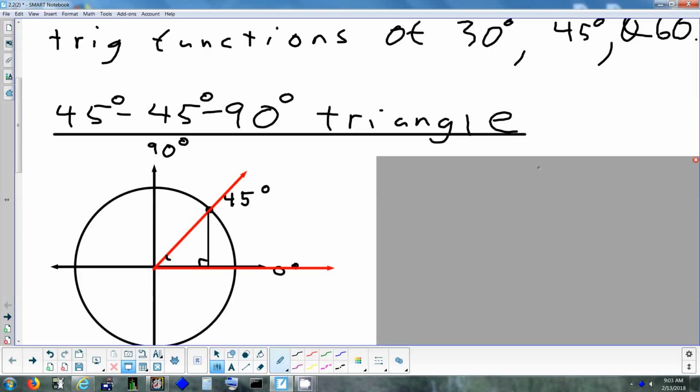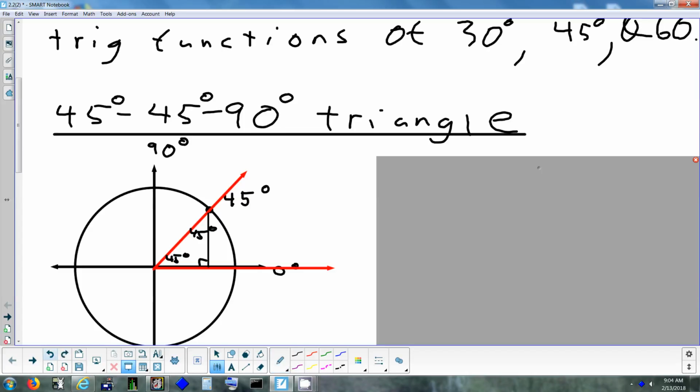And I know that's a 45 because that's the angle between the x-axis and the terminal side. It was measured to be a 45. But how come the other angle has to be a 45? How do I know that? Yeah, go ahead, Alan. There's only 180 degrees in a triangle. Right, there's only 180 degrees, so if you add up 90 and 45, that's 135. That means 45 for the final angle.